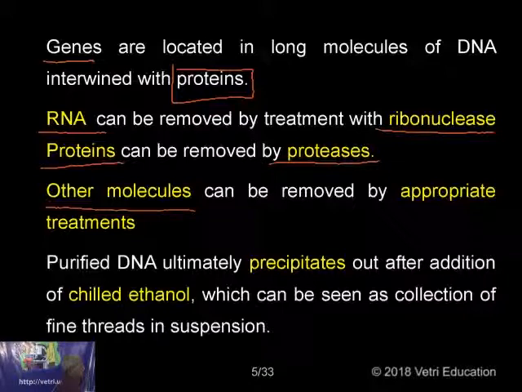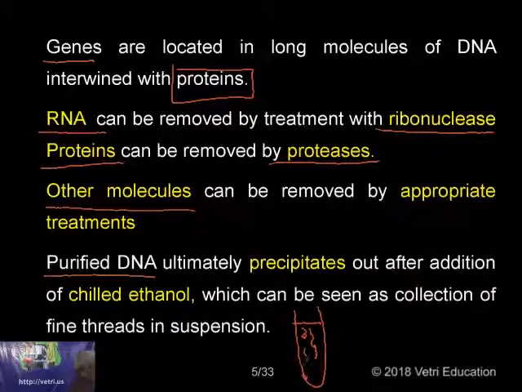This purified DNA ultimately precipitates out after addition of chilled ethanol, which can be seen as a collection of fine threads in suspension. In a test tube, perhaps you will be able to see them as fine threads.